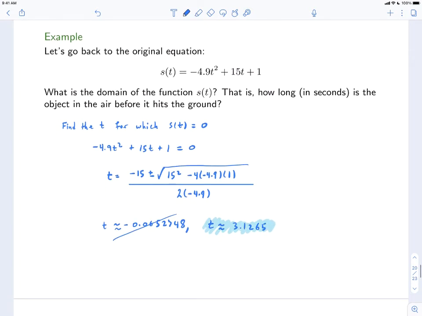So the object is in the air from t equals 0 to t approximately equal to 3.1265. And the domain, at least approximately, is the interval from 0 to 3.1265.